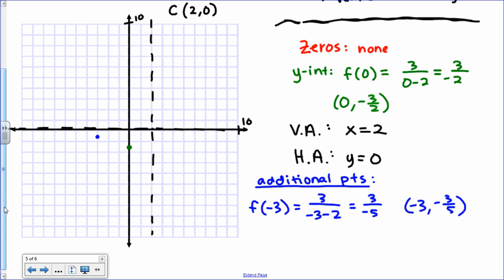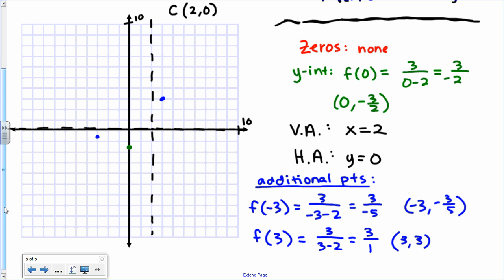So right of that vertical asymptote, what is a point I could plug in? 3. Okay, good. So then that's 3 over 1, which is 3. So the point 3, 3. Okay.